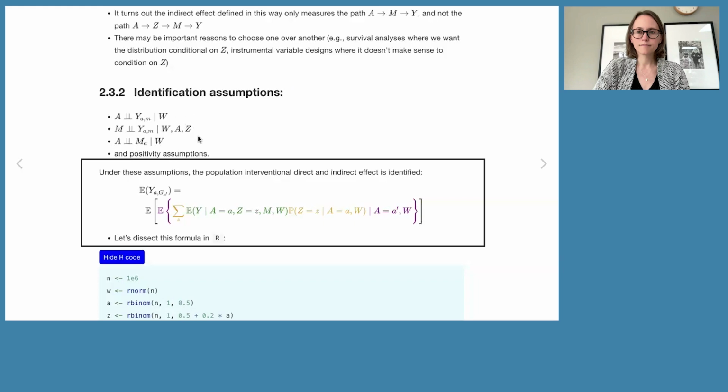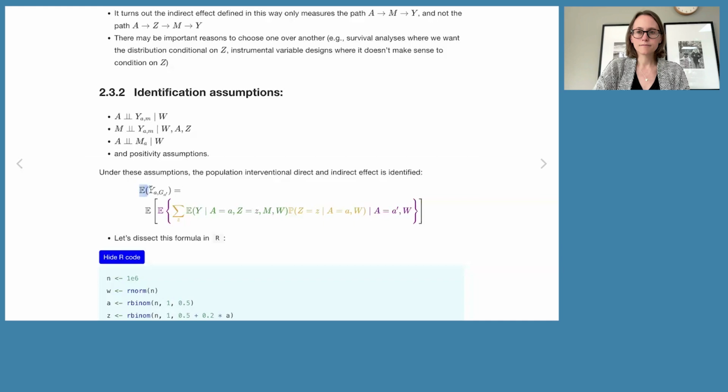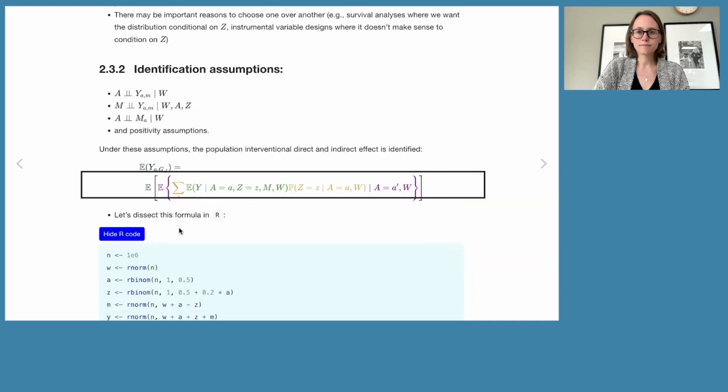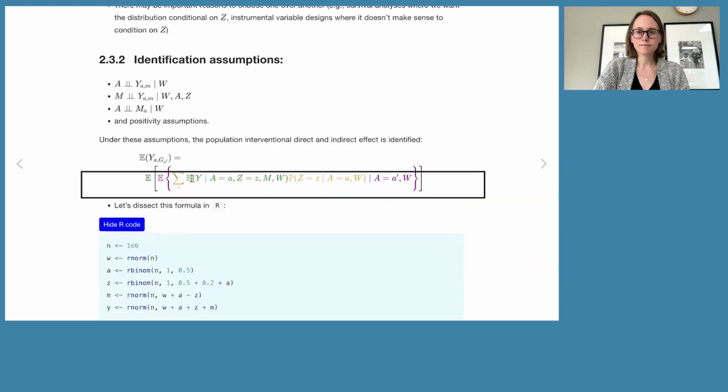Under these above assumptions, we can define the interventional direct and indirect effects like this. You'll notice here I have just one component of the causal contrast. We just need to show identification of one of those components, because we have a contrast of two components, and so the other one follows. We're starting out the same as what we have been doing.